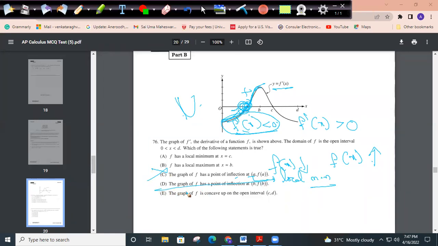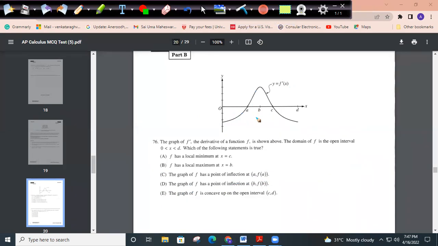Now option D: the graph of f has a point of inflection at B comma f of B. So f dash is increasing till B and decreasing after this. If f dash is increasing, f double dash x is positive. If f dash is decreasing, f double dash x is negative.